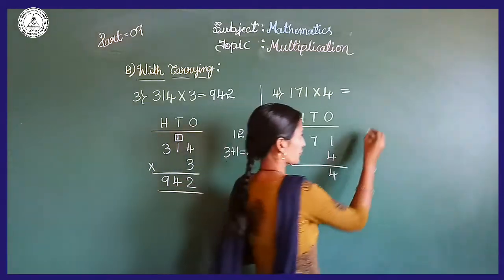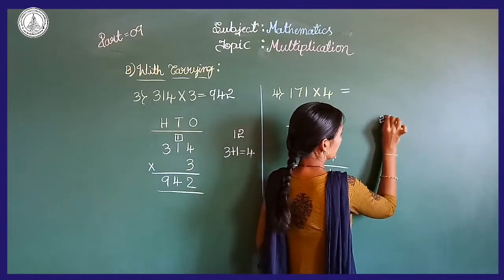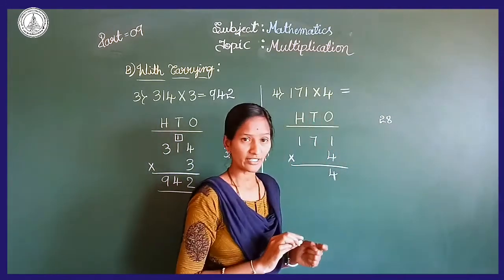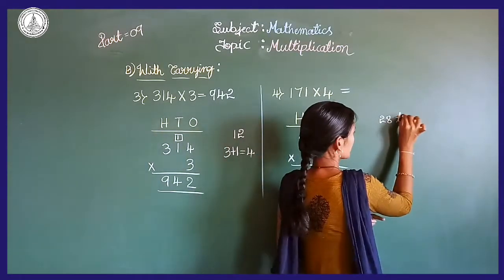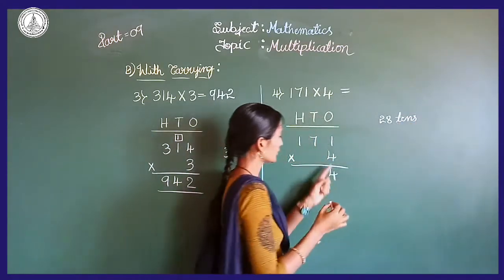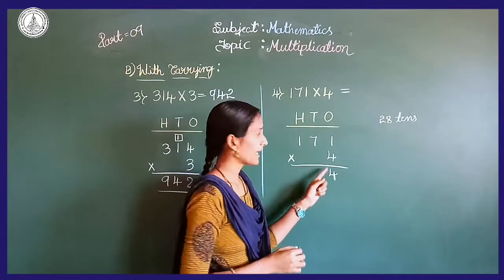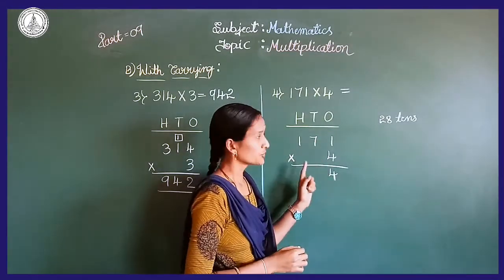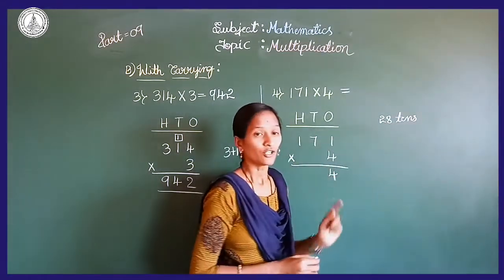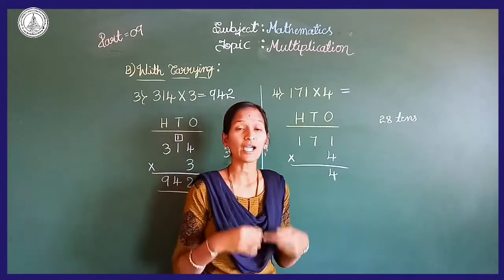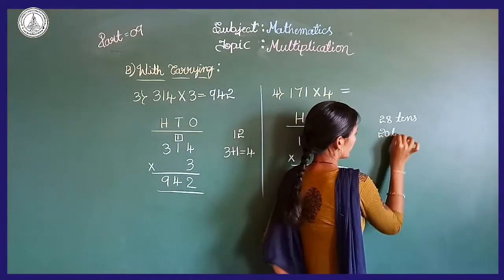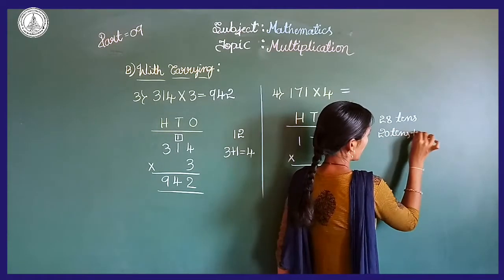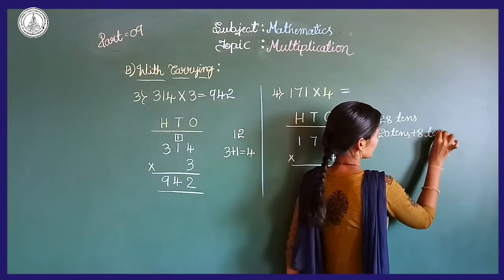Right? So this 28 is a 2-digit number. So this is 28 tens. Here we multiply the tens column. So this 28 tens I am writing as 20 tens plus 8 tens.